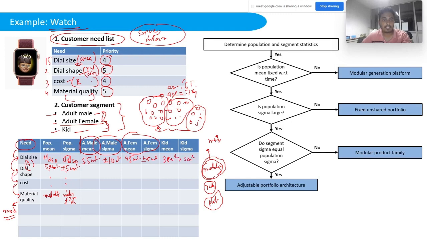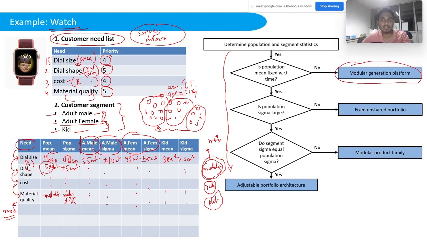But when you add all three means and divide by 3, you will end up getting this 50 centimeter square, which is the population mean. Similarly, you fill this table and you use this sort of decision tree to make a decision what sort of architecture you will be requiring.